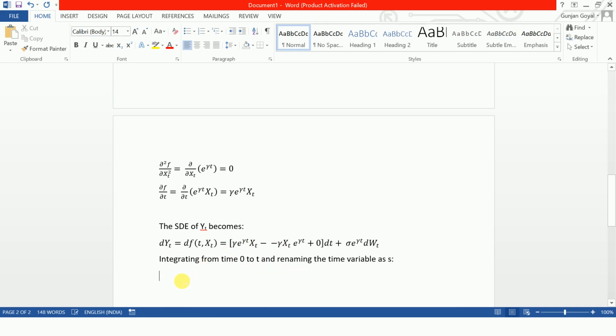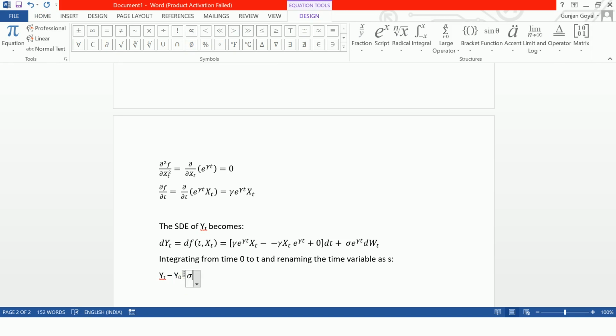So basically we get Yt minus Y0 equal to sigma, and then I need to write the integration sign. Backslash int will give me the integration, then underscore 0 to the power t will give me the limits, and e to the power gamma s dWs. So e to the power, in brackets, gamma s, and dW underscore s.